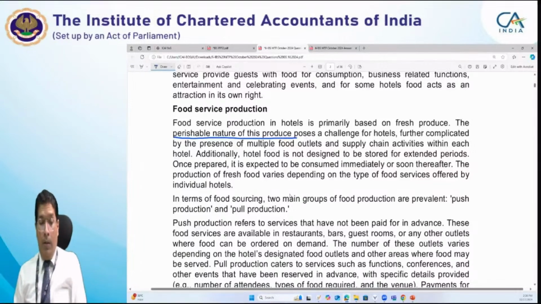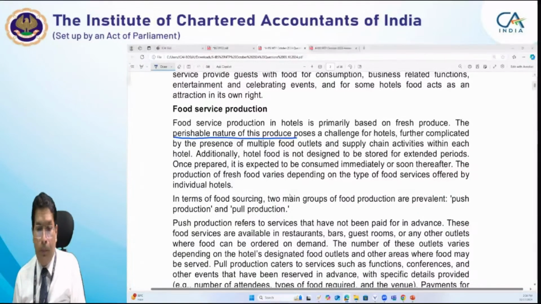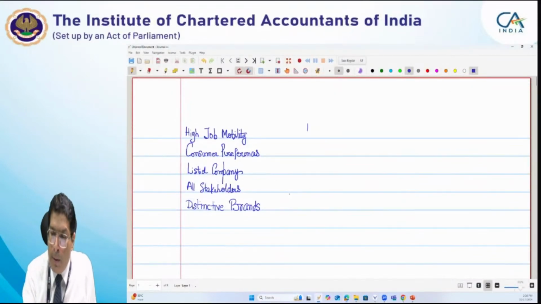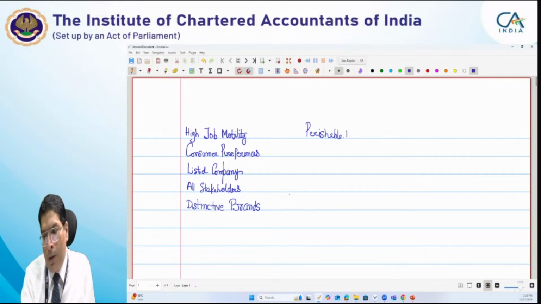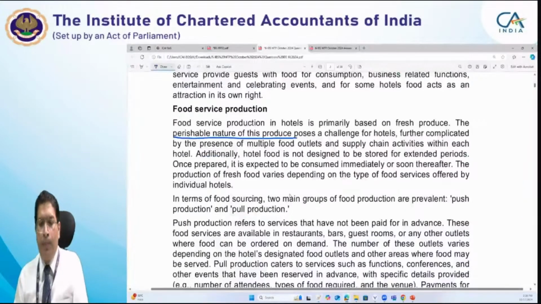Okay, please note perishable nature of food. Okay.